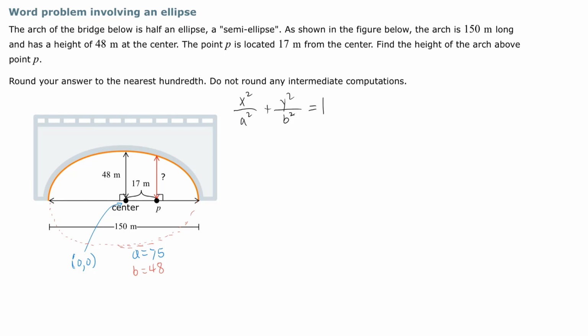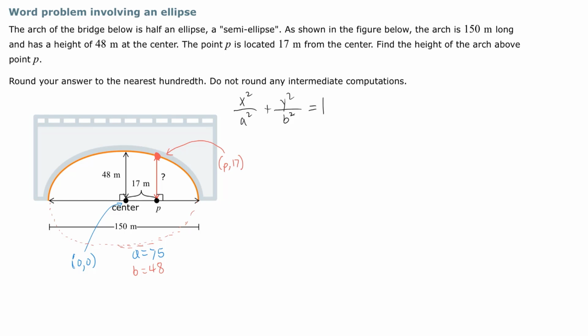Now we're going to look for p, and the way we're going to find p is use this value there. That's going to be a key step. We're going to call that ordered pair p, comma 17. We're going to take that p, comma 17 and substitute it into your equation. So x is p and y is 17.